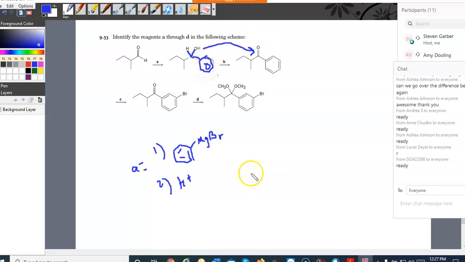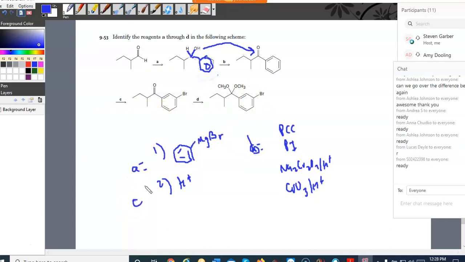You can use any one of the 4 reagents that we learned. Either PCC or PDC, because it's a secondary alcohol, or you could have added Na2Cr2O7 in acid, or CrO3 in acid. Any of those 4 in this case would work. Okay, and so that's B.